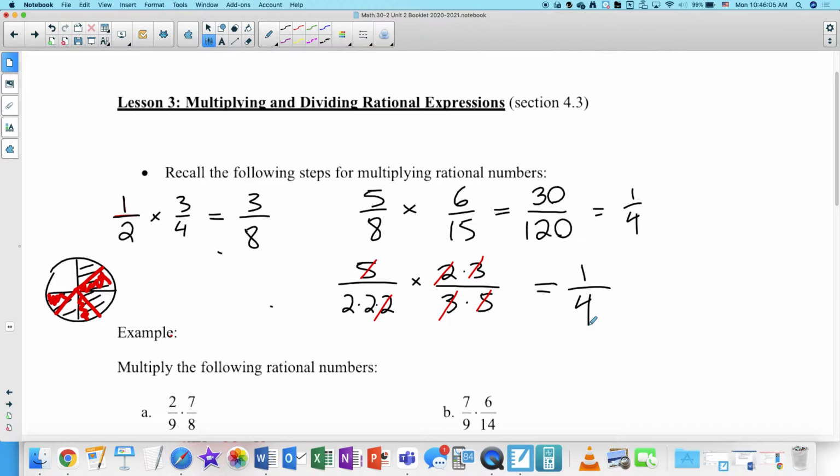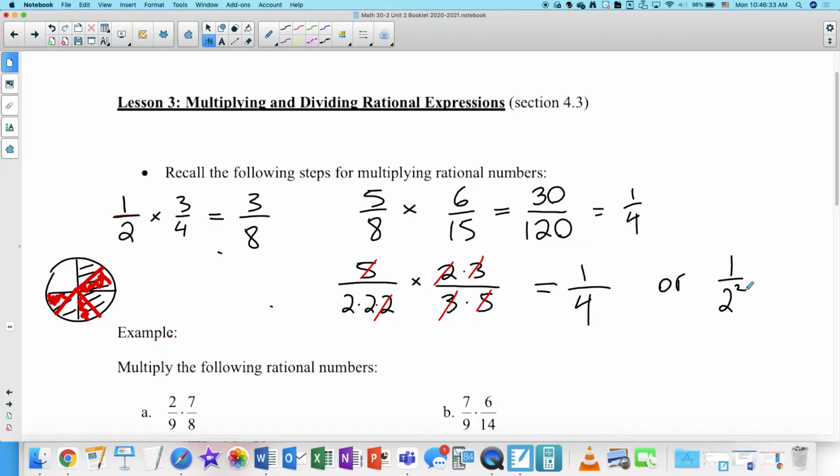One thing I'll mention is that when we're working with polynomials as opposed to numbers, instead of 1/4 we will probably write 1/2 squared. Typically, once you multiply, simplify, and see what's left, you would write that in factored form.